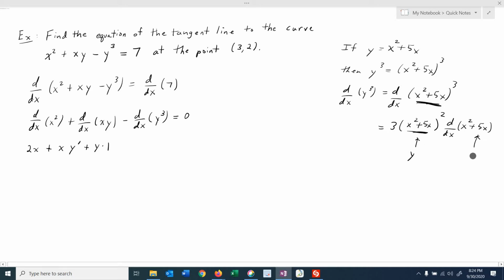So this is sort of saying 3y squared times dy/dx, regardless of what y is. So the derivative of y cubed with respect to x is going to be 3y squared times dy/dx from the chain rule, where this is the outer derivative and this one over here is the inner derivative.